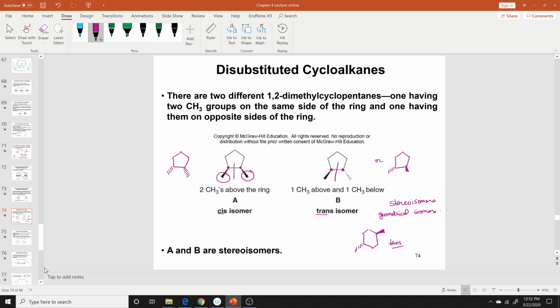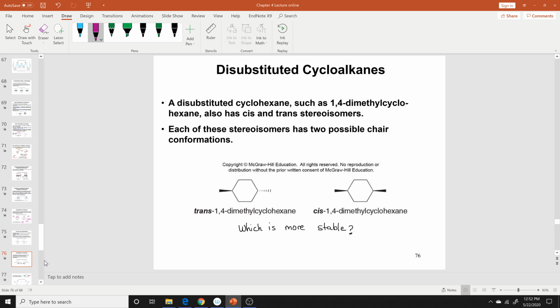So A and B are types of stereoisomers. They are called geometrical isomers, and cis and trans exist whenever you have two substituents on the ring, not three substituents. If you have three substituents on the ring, you no longer have cis and trans. So let's say if I have this, this, and that, you no longer can name it as cis and trans. Normally the cis and trans is included in the name.